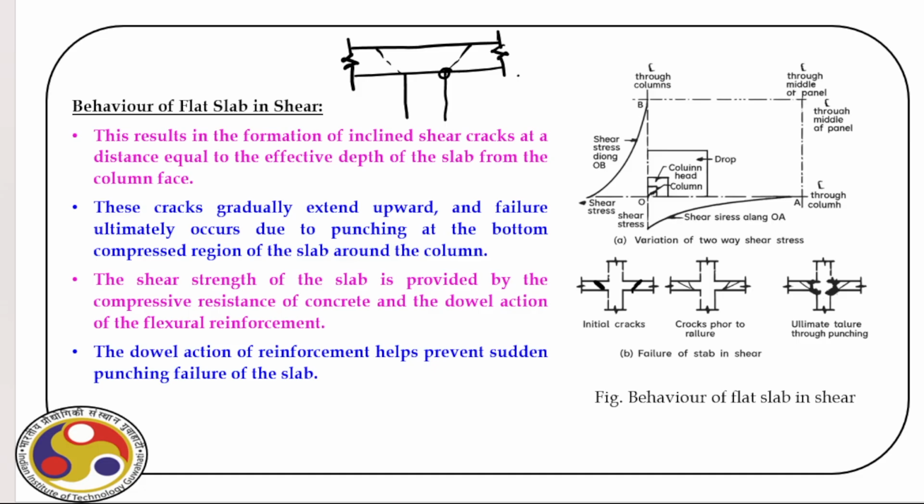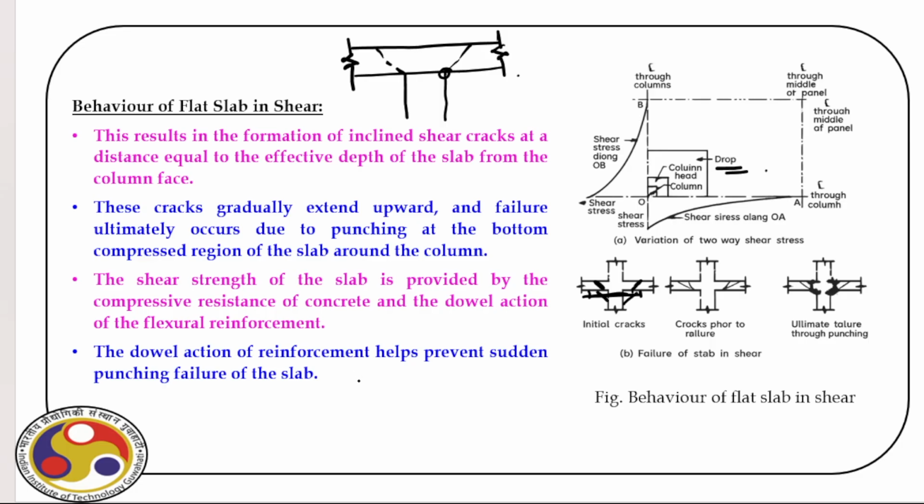Now when we design the flat slab against shear force, recall we provided a drop. Why? Just to increase the depth at that location. So if you have a column head along with a drop, you basically provide this additional section which will offer the resistance against shear.